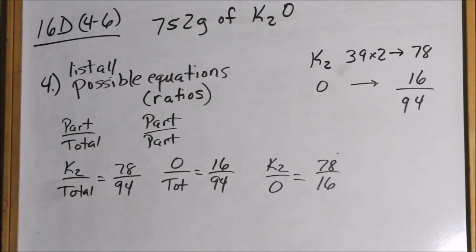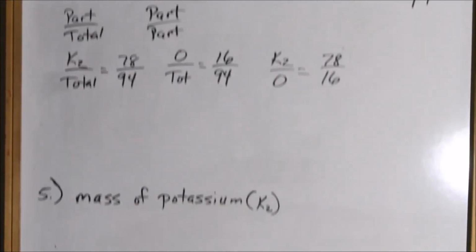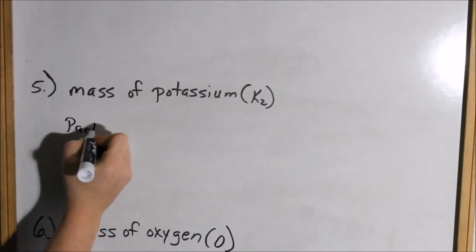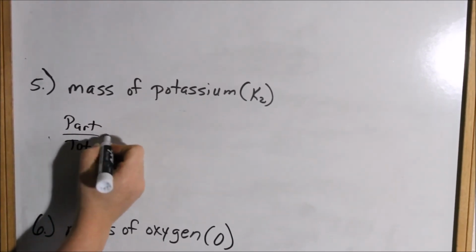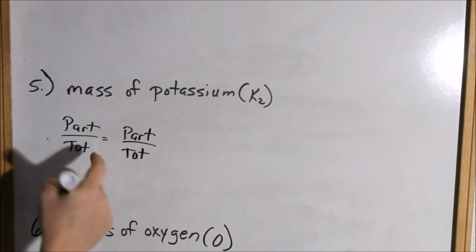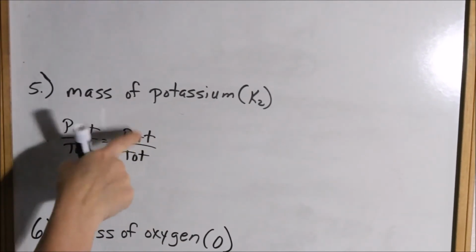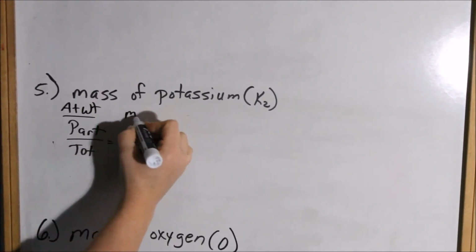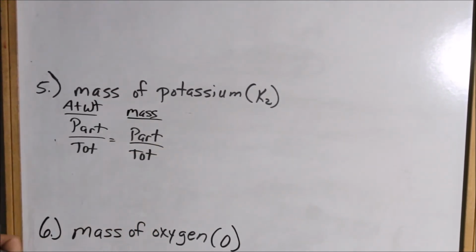So, looking at number 5, we want the mass of the potassium. Again, we're going to set up a ratio of part over the total to part over the total. If the part's in the numerator here, it needs to stay in the numerator there. This one's going to be the atomic weight information. This one is going to be the mass information.